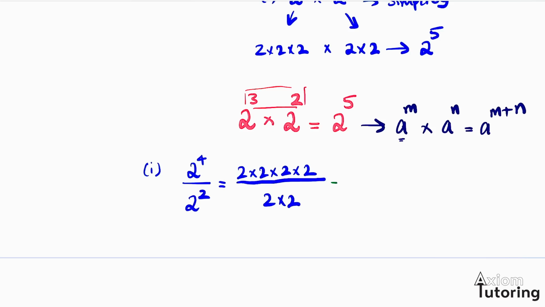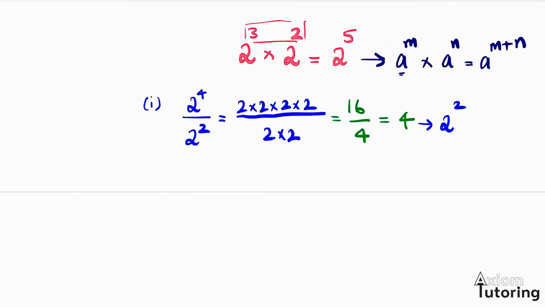That gives us 16 in the numerator, 4 in the denominator, and 16 divided by 4 is 4. But 4 is just the same as 2 squared. So when we divide 2 powers, we subtract their exponents.